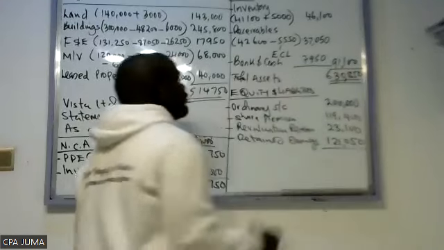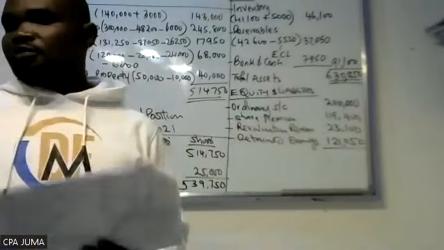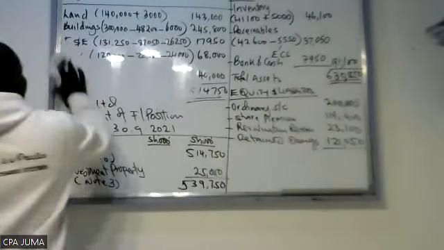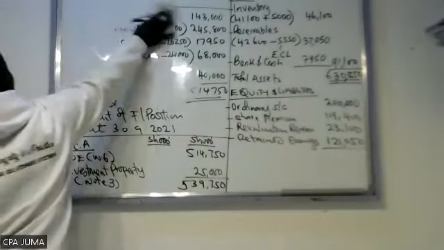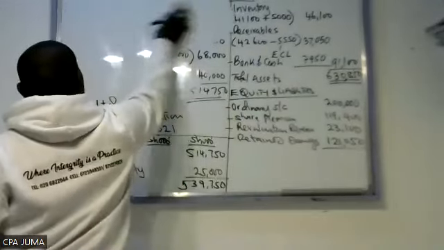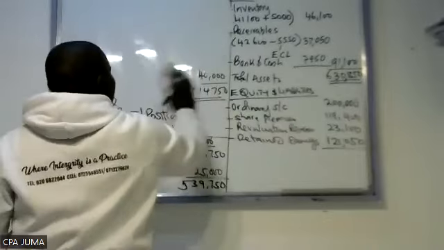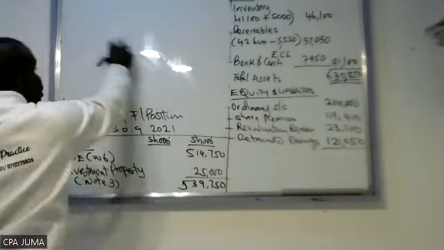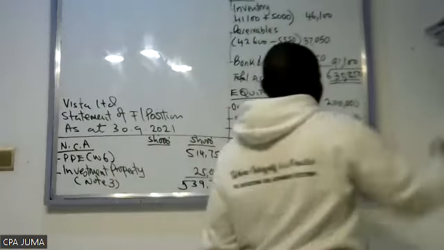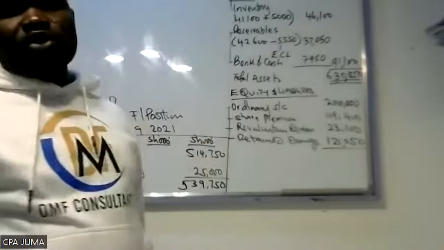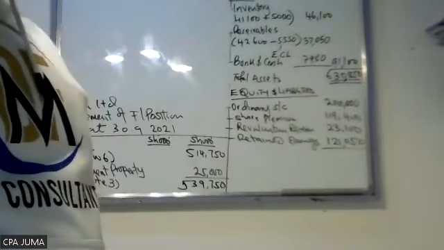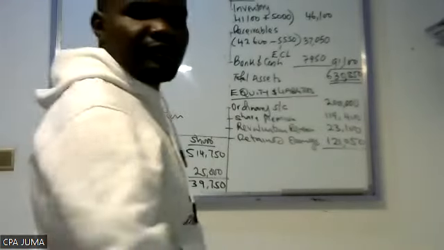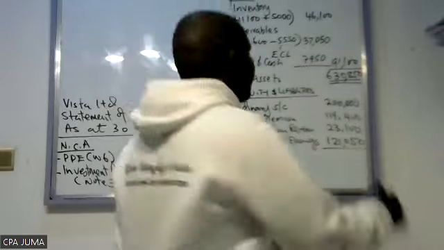The total of equity. So, what was the total? 463,550.